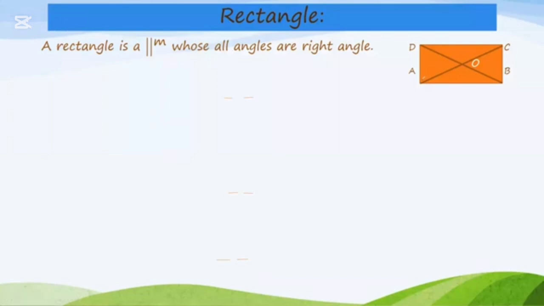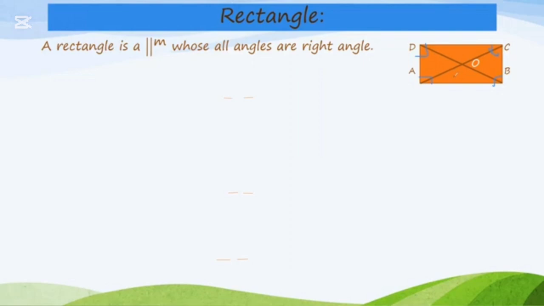Here in this diagram, you can see the rectangle. The angles A, B, C, and D, they all are equal to 90 degree, right?